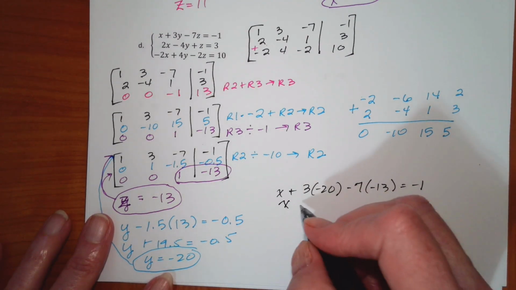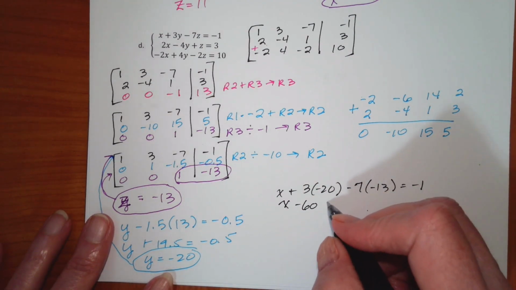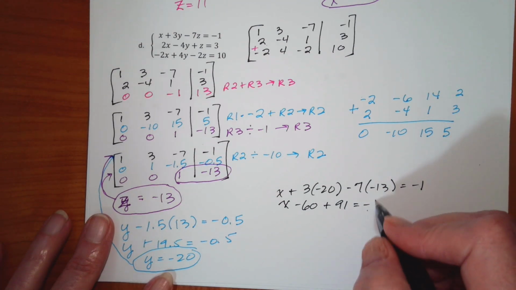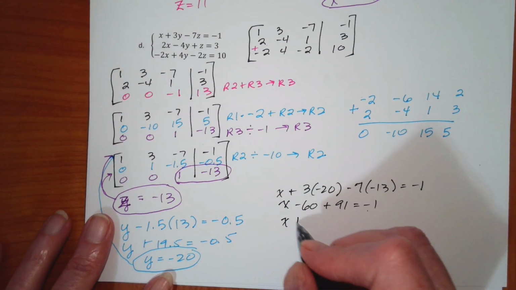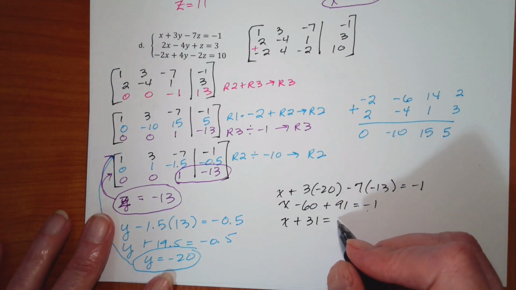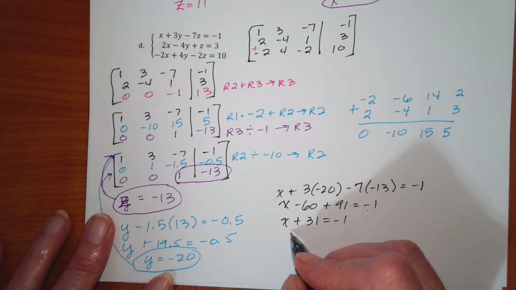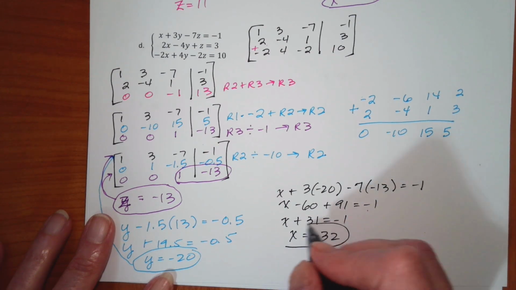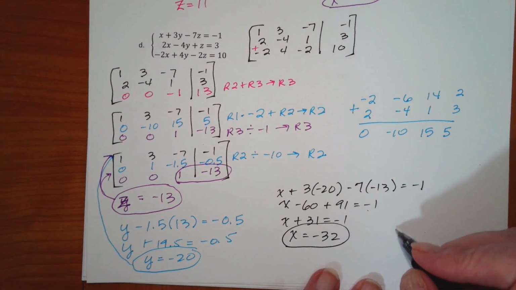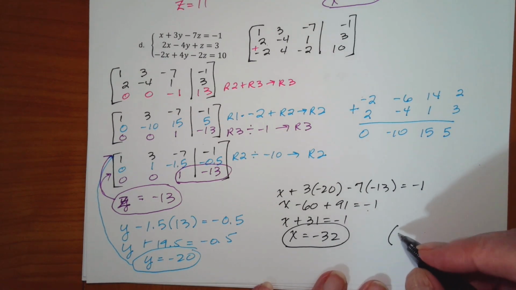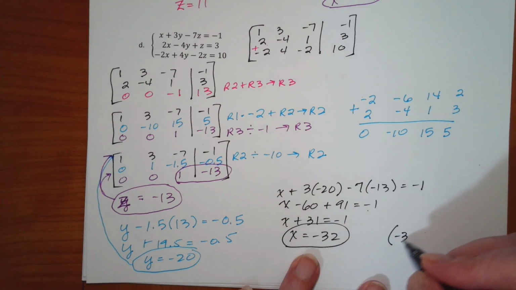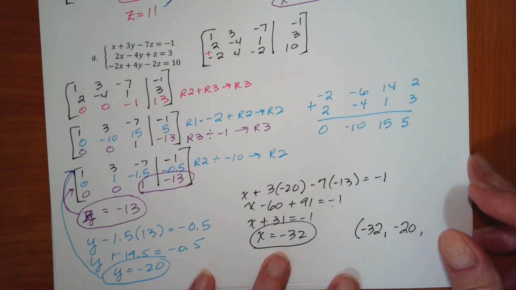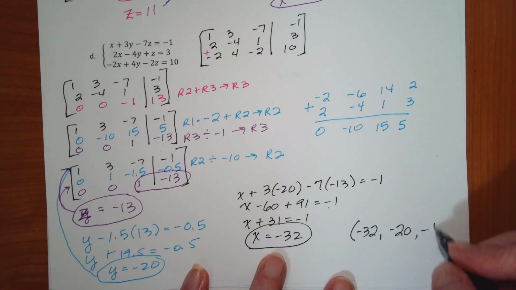So that's x minus 60 plus 91 is equal to negative 1. So x plus 31 is equal to negative 1. So x is equal to negative 32. So my solutions are, my x is negative 32, y is negative 20, and z is negative 13.